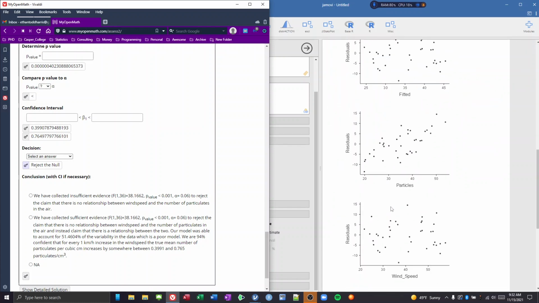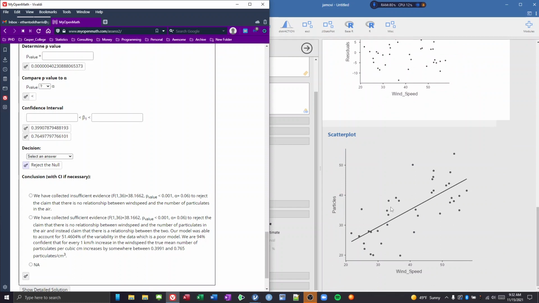Now, what's interesting here is I want to look at this scatter plot so that you can understand what it means to have significant results but a pretty poor model. It's saying that yes, wind speed does affect how many particulates are in the air, and we can very clearly see that there is this relationship.